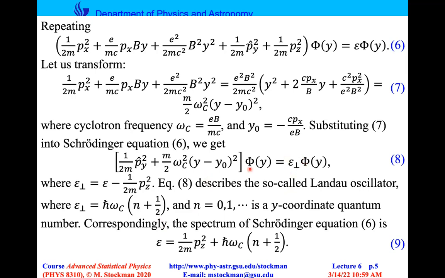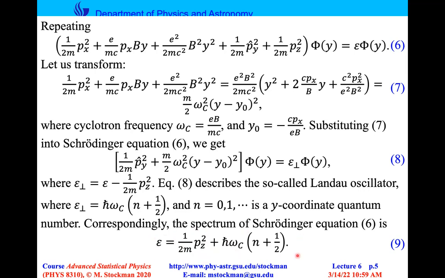The energy of the oscillator, which is perpendicular or normal in this case, is h omega c multiplied by n plus 1/2, where n is the principal quantum number corresponding to the y coordinate. Correspondingly, the spectrum of the entire Schrödinger equation epsilon is this term that we subtracted and added back, pz squared over 2m, plus the energy of the Landau oscillator.